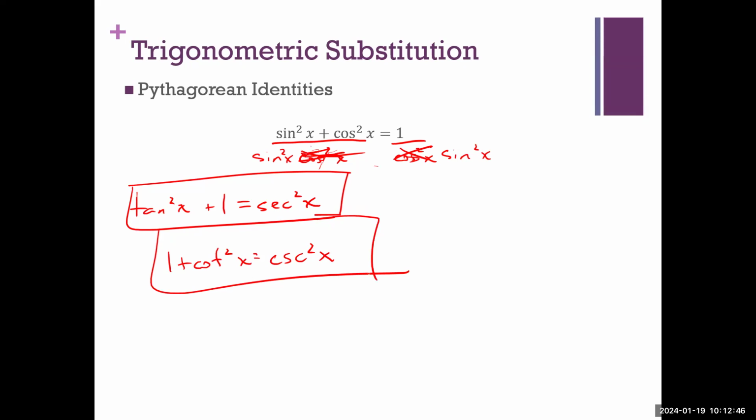So again, I would have these somewhere you can refer to them as well. These have a lot of uses for where we're going. Any questions about where these come from? Okay, so let's start trying to make use of one of them.